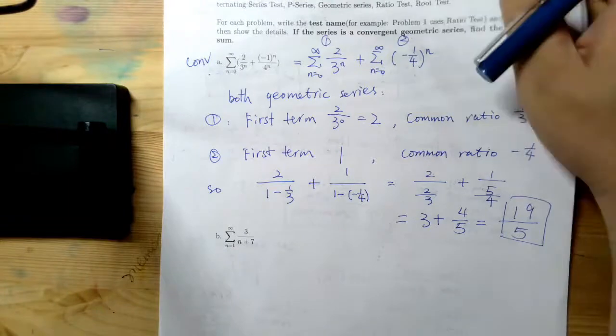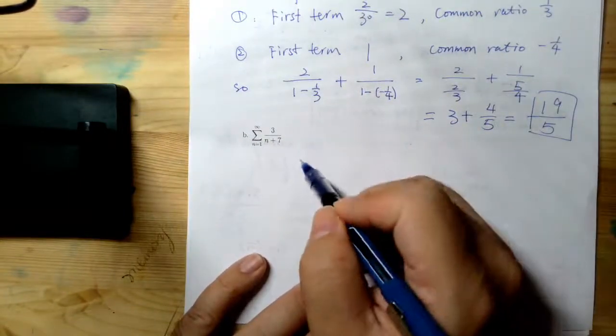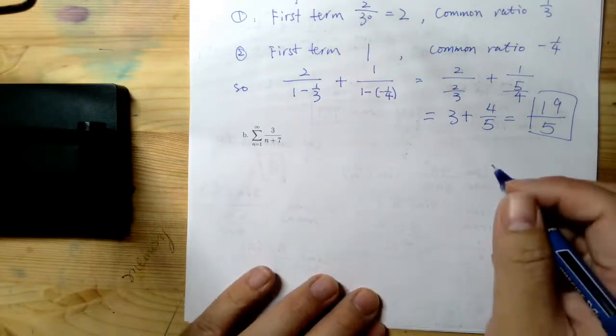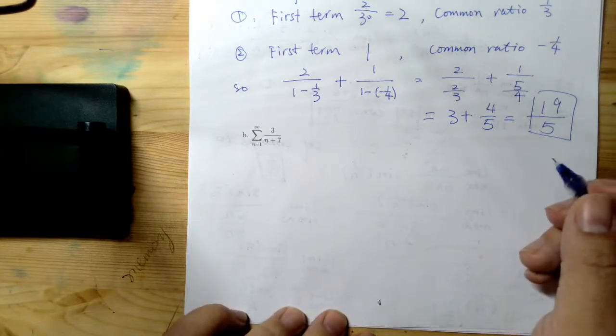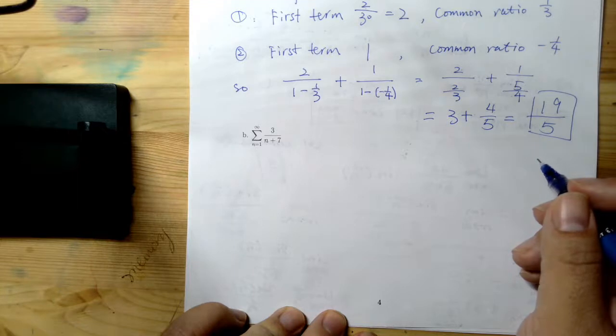Now let's look at the second one, 3 over n plus 7, right? For this problem, you can have a couple of different methods.